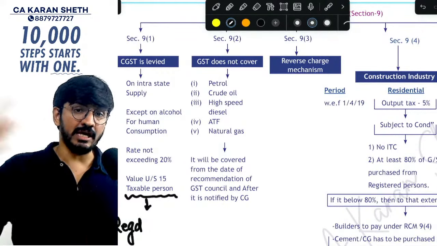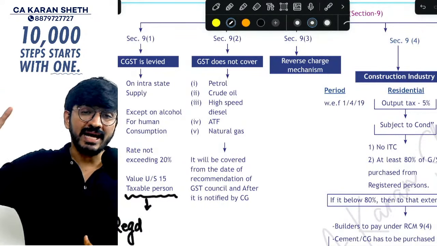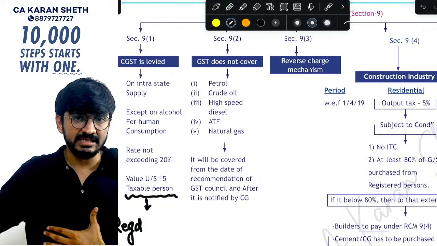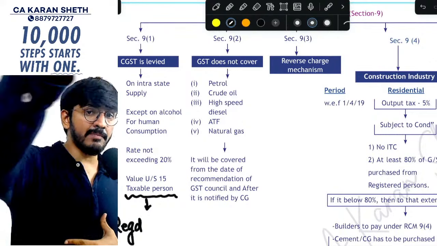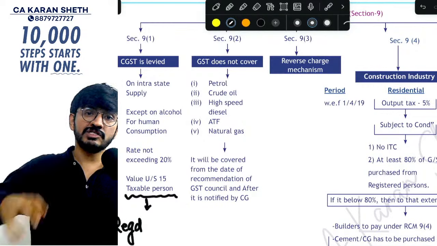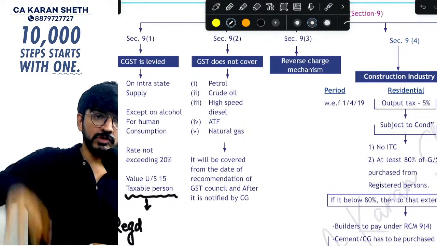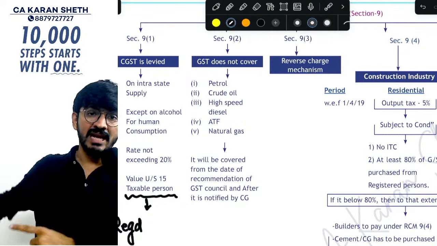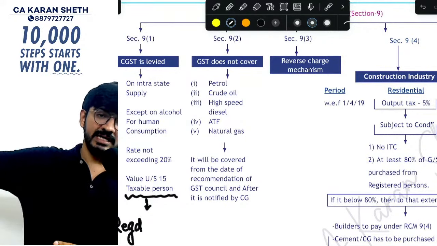It is convenient for the government to ask the supplier to pay the tax rather than asking 10,000 recipients. So the supplier will be imposed with the levy of paying GST to the government. If he does not pay on time, he will have to pay it with interest and penalty.